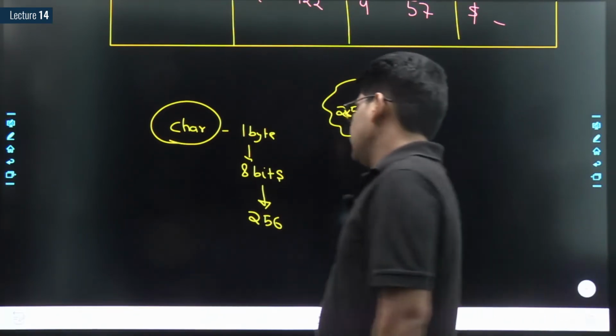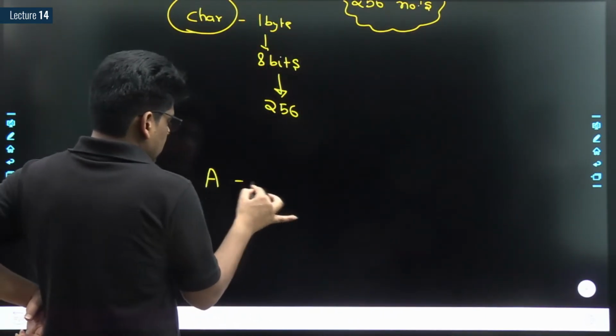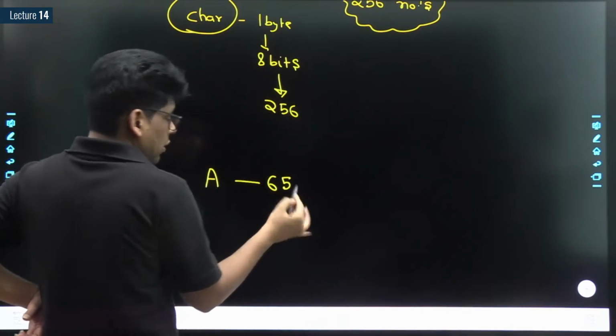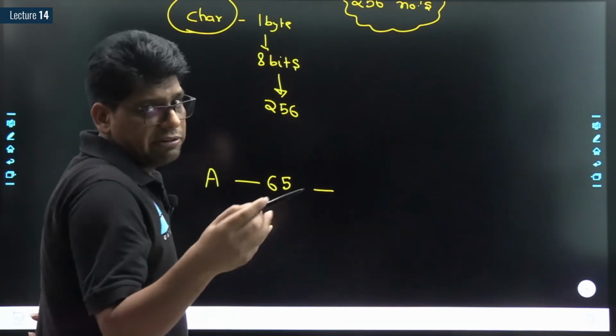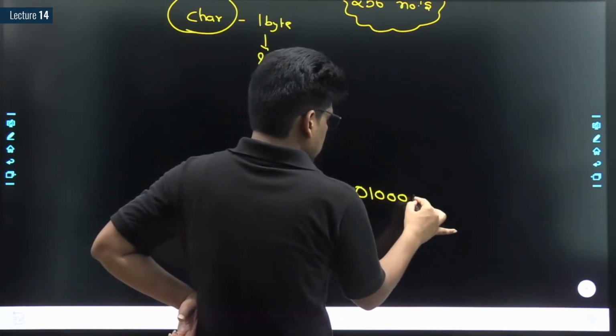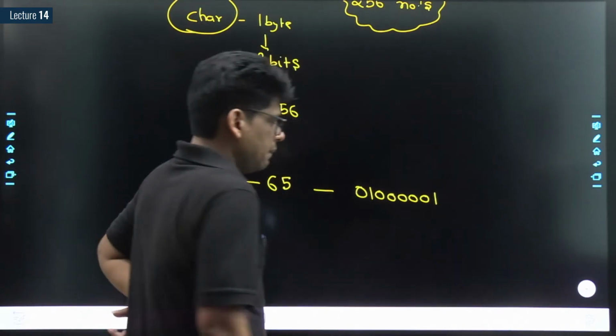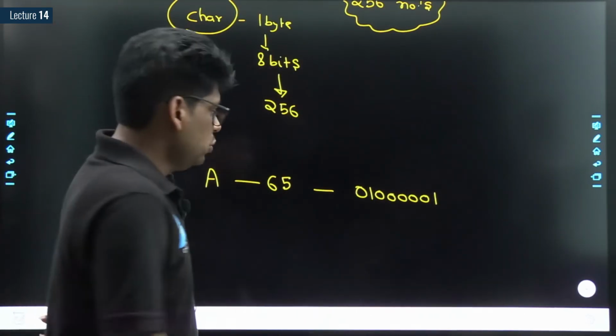We said A has the code 65. That means internally, because everything is 0 and 1, the compiler will convert this into some binary code.